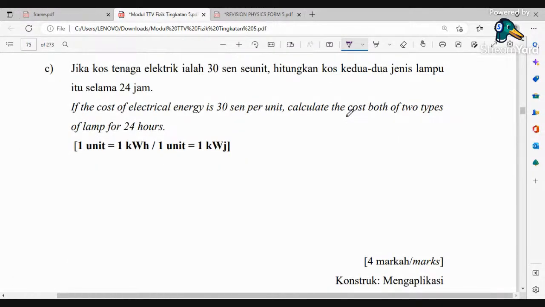Cost of electrical energy 30 cent per unit. Calculate cost of two types of lamp for 24 hours. So E equals to PT. Okay, this one kilowatt. So power kilowatt time hour. 75 divided by 1000 to change to kilowatt and times 3.